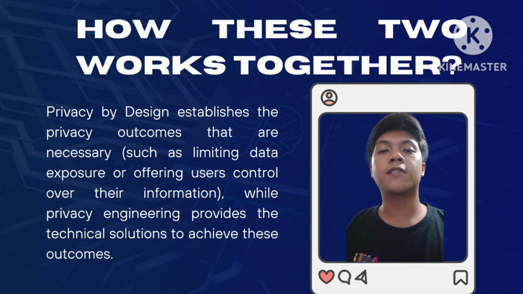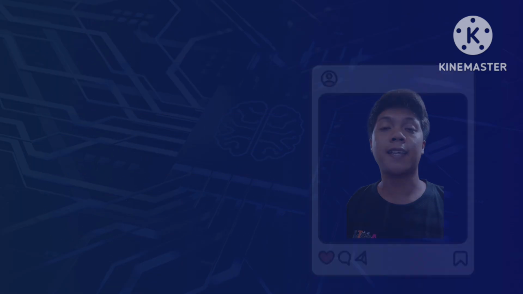Together, these approaches ensure privacy is integral to the app's design and function, protecting user data effectively and at scale. In essence, privacy by design provides the what and why, while privacy engineering delivers the how, creating a privacy-first system that protects users' data from the inside out.